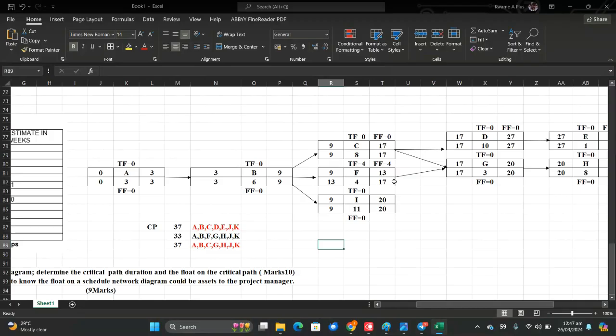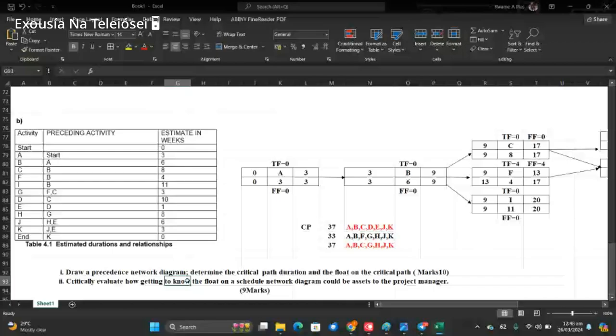It is a delay in activity, but it is not going to affect the project, because it doesn't have any direct effect on the project, even though it is a delay. But if it was on the critical path, then it is going to delay the project, and the project is not going to complete on time. So that is how it is going to affect the project.